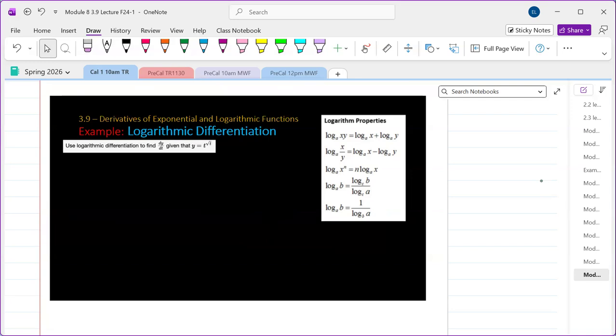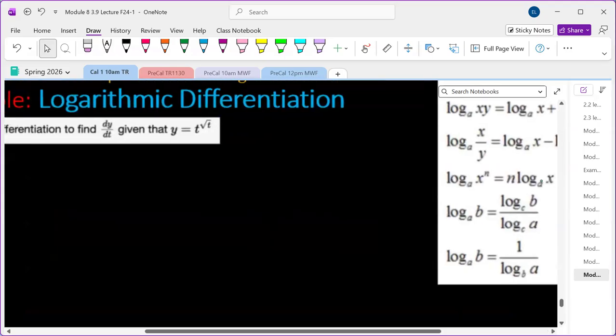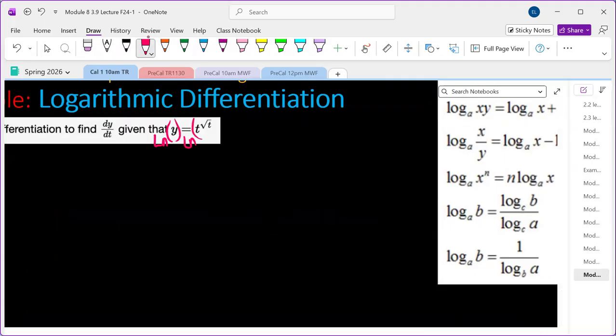So the only way to even start attacking this is to use a natural log on it. So natural log takes whatever the power is, brings it down up front. So I've got the square root of t times the natural log of t.